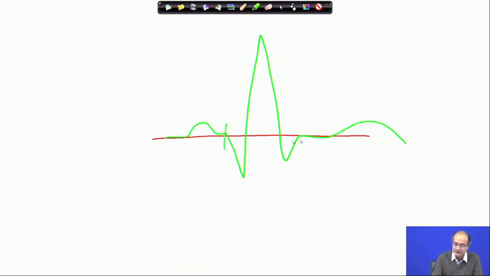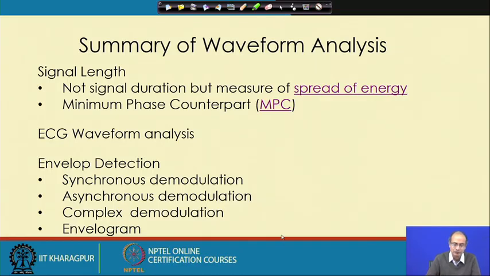We are interested in this duration, then this gives us the height, then we get the midpoint of the height, and the difference of it from the baseline gives us a way to describe the QRS complex or its properties. So, that was one of the suggestions for ECG waveform analysis.